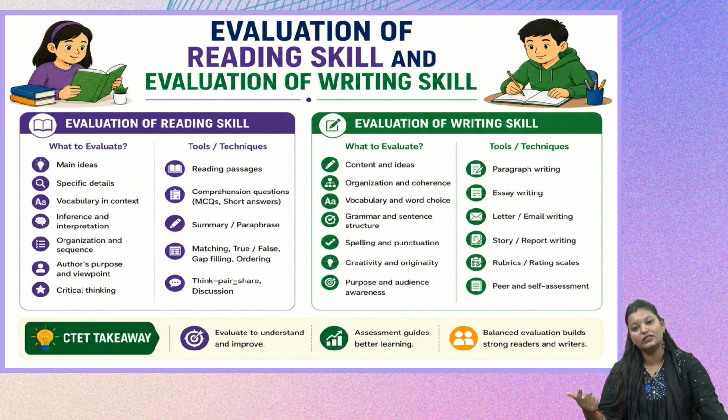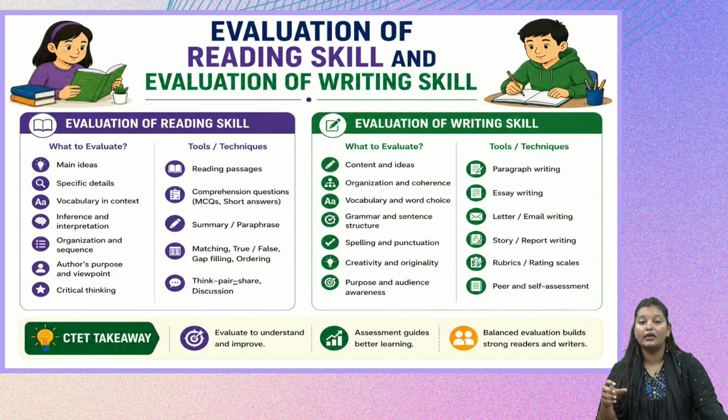What are the various tools and techniques? We can give them various writing assignments like paragraph writing on a certain topic, essay writing, letter writing, email writing, and writing various kinds of emails or letters, formal and informal, because the vocabulary and tone we use, and the punctuation or grammar we use when writing a formal letter, is different from writing an informal letter.